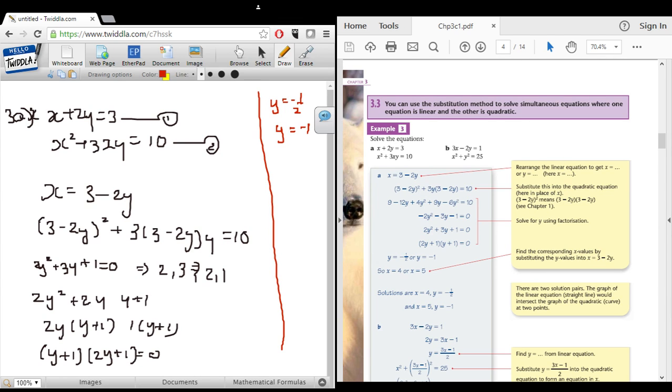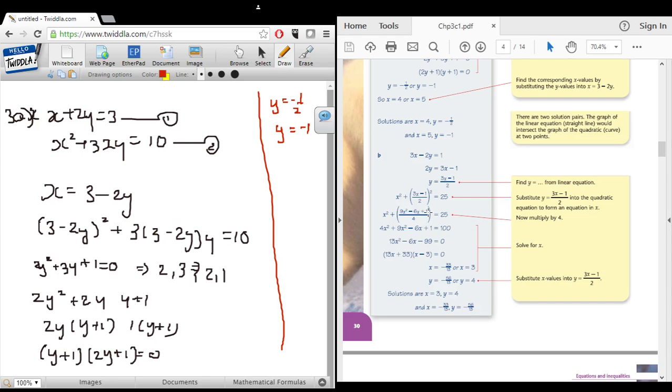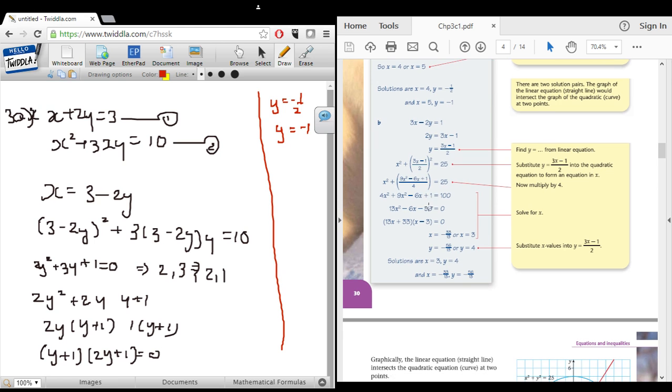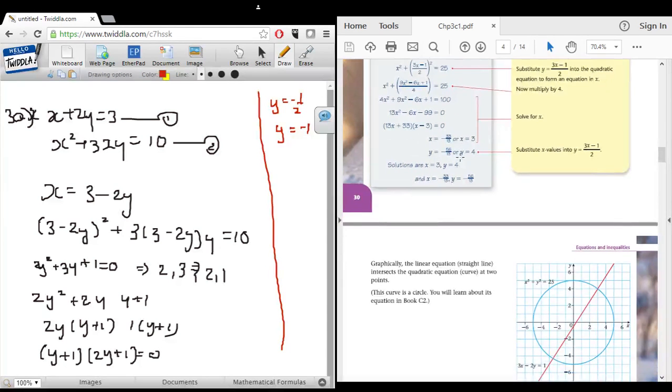So they just put y equals minus a half in here, or y equals minus 1, and they got their x value. And that's it. That's simple and straightforward. You've got another example to do there, should you wish to try what looks like a lengthier example, because of the division by 2.